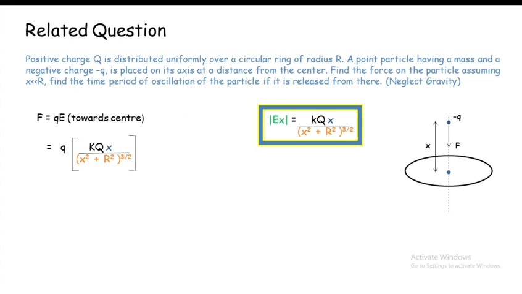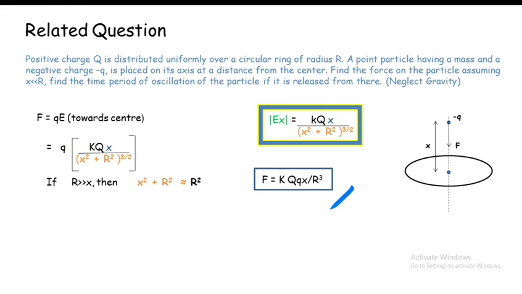Now we simply put the value of E from here to here, on applying approximation, which is r is greater than x, then we can write x square plus r square is equal to r square. So the force will be kqx by (r square) to the power 3 by 2, which is equal to r cube.